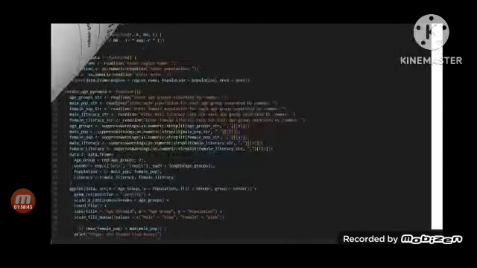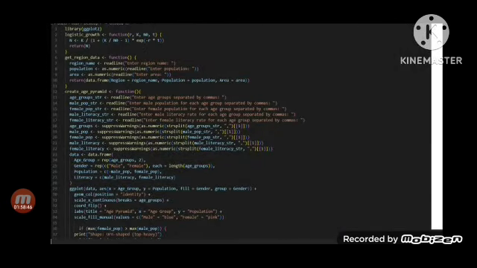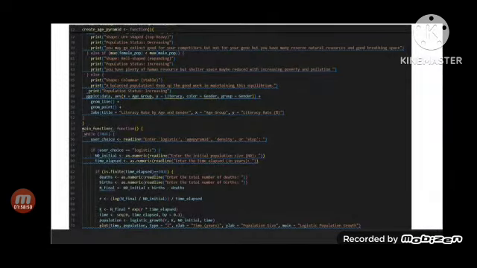Here comes another one, and it should come. Okay, so there are 5 ways. First is test tube baby. Second one is artificial insemination technique.